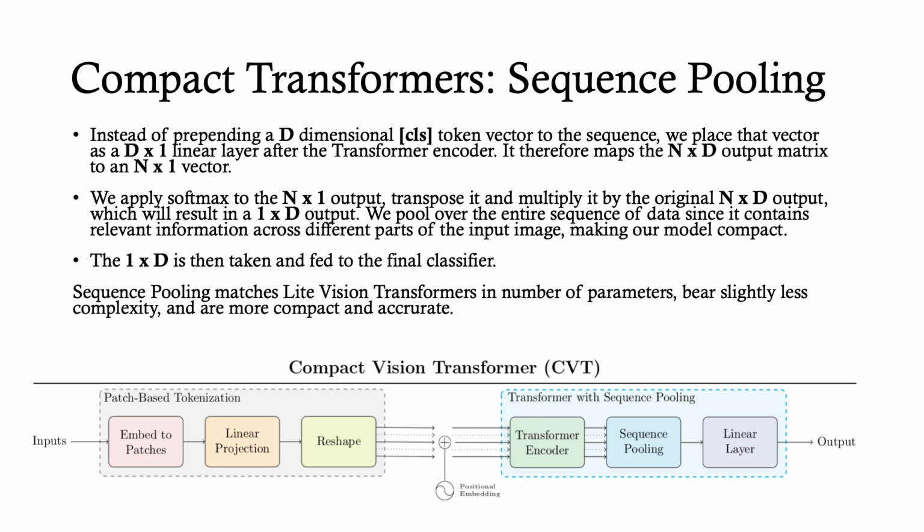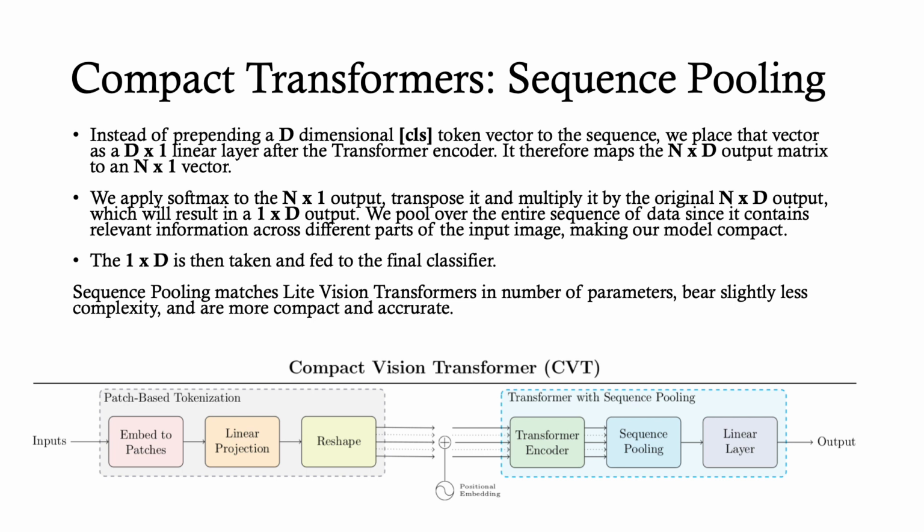We pool over the entire sequence of the data, since this contains the relevant information across different parts of the input image patches. This makes our model more compact and also potentially more accurate. This 1 by d vector is then taken and fed into the final classifier, just like in the original vision transformers.